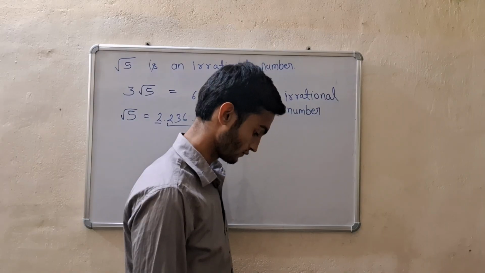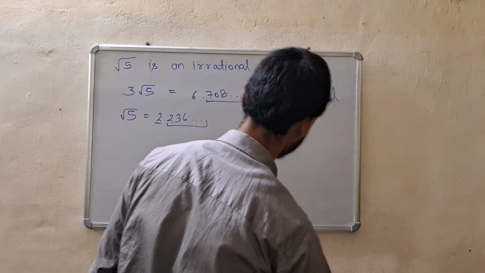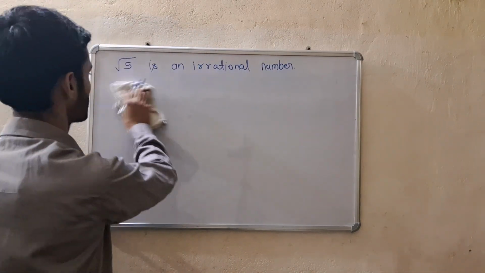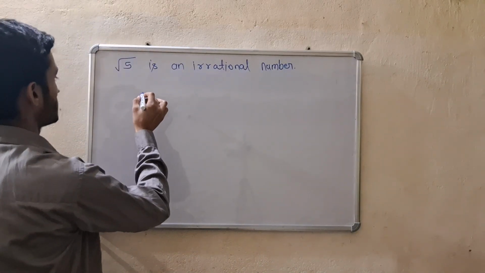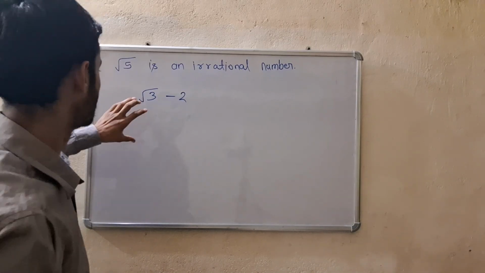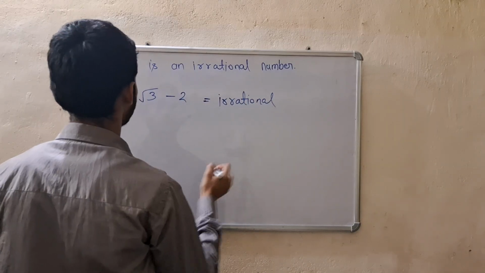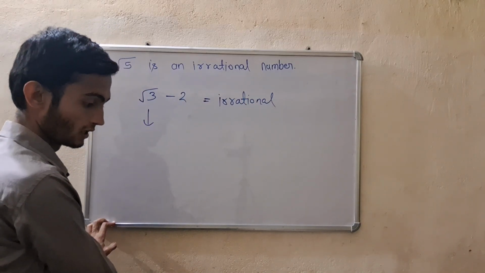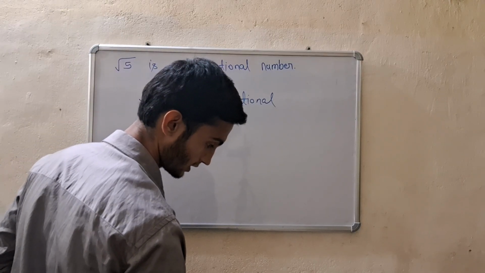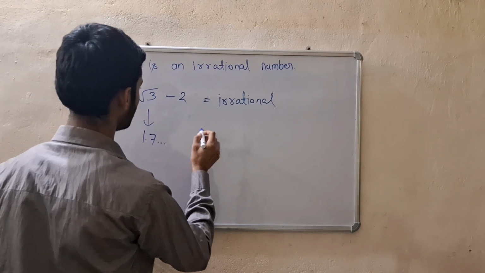Now let's check what happens when we subtract a rational and an irrational. Let's take square root of 3 minus 2. What do you expect it to be? This will also be irrational. Square root of 3 is about 1.7 and so on, so the result will be negative.